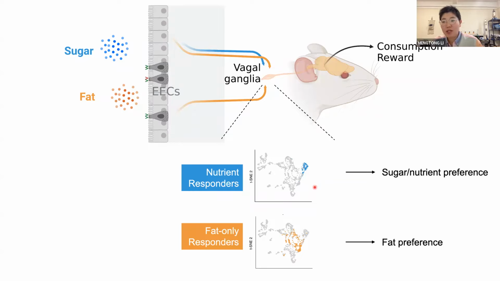The simple but very elegant logic of this circuit is that after the gut cells are activated, the circuit does not need to preserve the identity of the specific nutrient stimuli, and needs only to ensure that the emerging gut-brain signals trigger the behavior preference. And another one is the fat-only circuit that drives the fat preference.